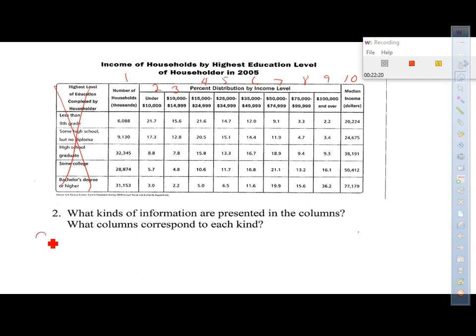In column 1, they give us the number of households in thousands. So technically what it really gives us, guys, is the approximate number of households, technically at each level.